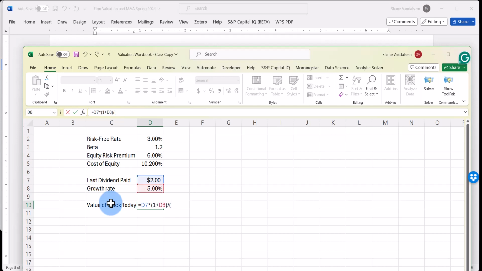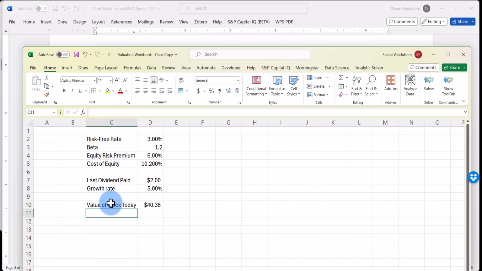And then we're going to divide that by, and you want to put this in parentheses, the cost of equity minus the growth rate of 5%. And so we get a value today of $40.38. And I put on there, the price today is $24.